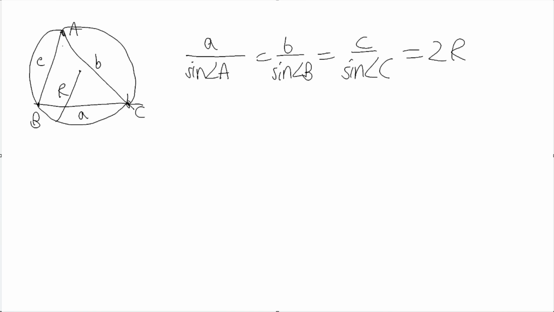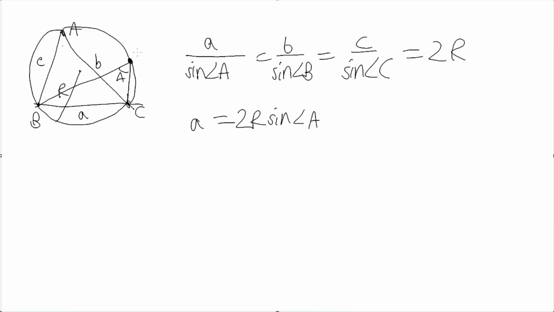And if you want to know how to prove this, then you want to prove that a equals 2R sine angle A. And with this, you can construct a right triangle like this. And then we know that this is equal to angle A, and this is 2R here.